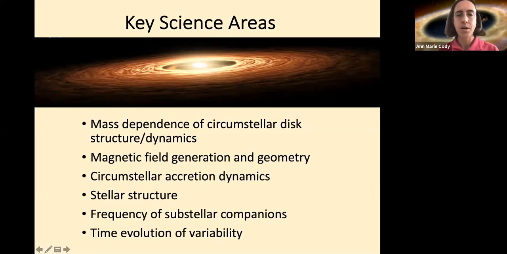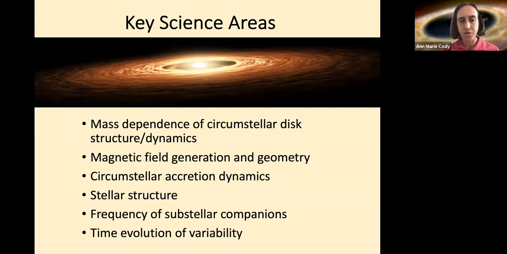So here are a few key science areas that we're hoping to probe by observing young stars and their brightness variations. We'd like to understand the structure and dynamics of the circumstellar disk, since that is so important as the site of planet formation.